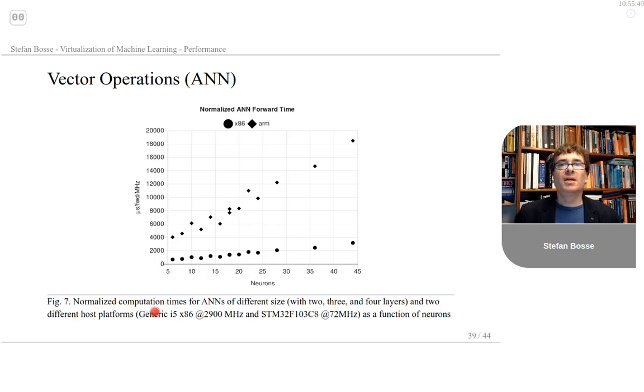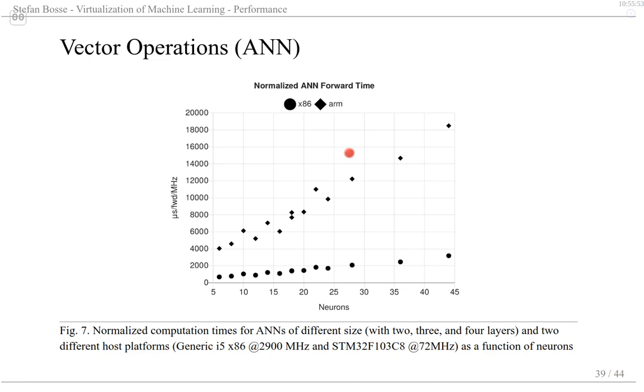Here you see the normalized computation time for different artificial neural networks. Here the ARM architecture, and here the Intel x86 architecture, with a gap of about 1 to 7. The scale is microseconds per one forward computation per megahertz clock frequency.